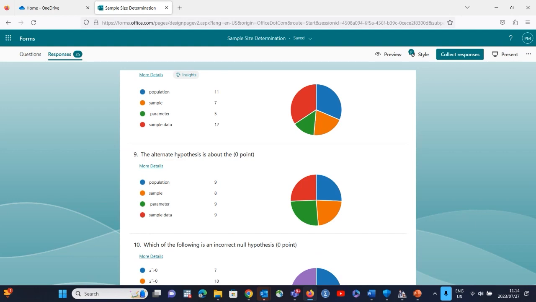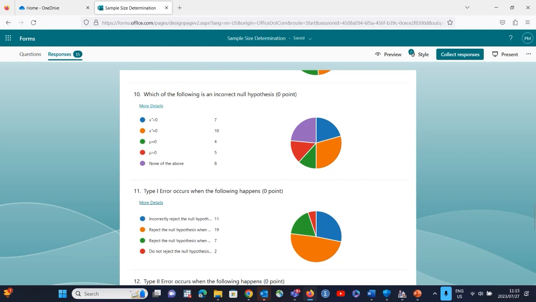So it's the population and parameter. The sample only comes in as evidence that we use.